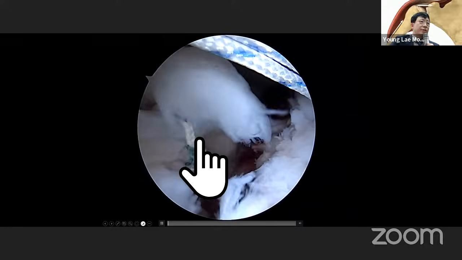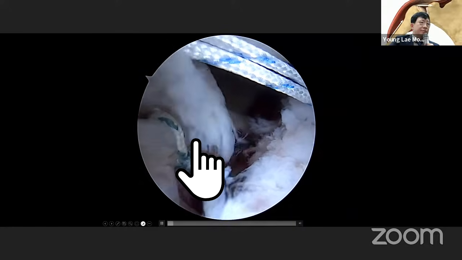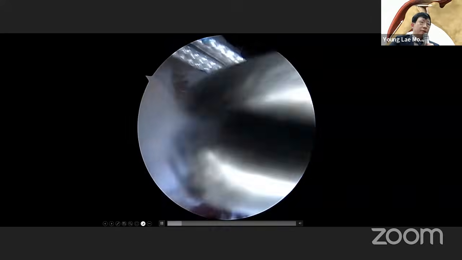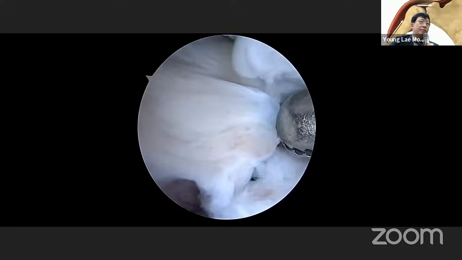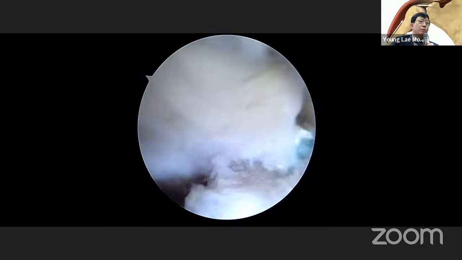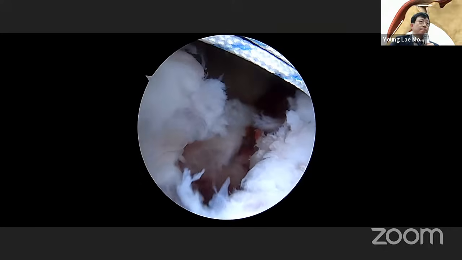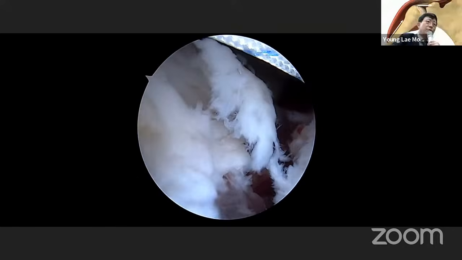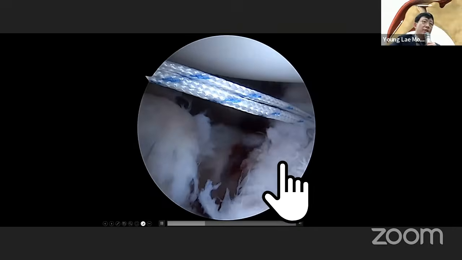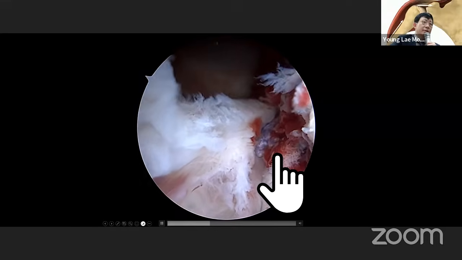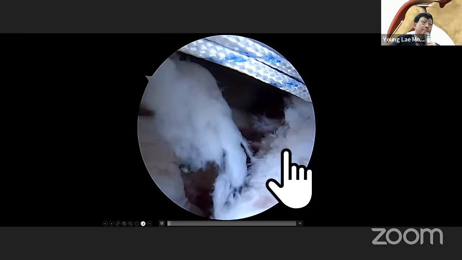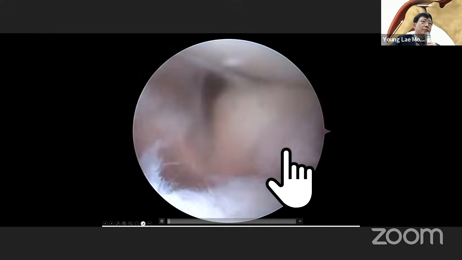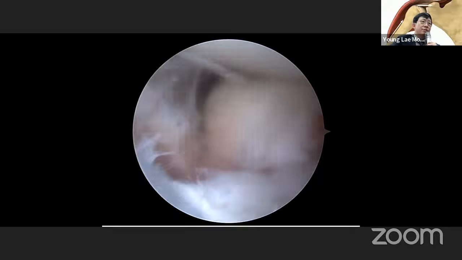As you can see here, there is the previous stitch, and I put the anchor. I eliminate this suture material, and as you can see, here is the gap in between the glenoid and the previous stitch also. Then I repair the stitches.